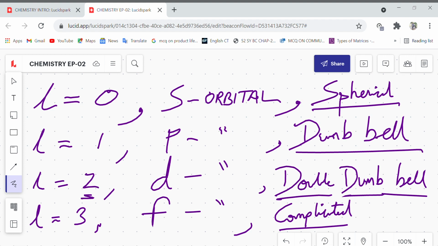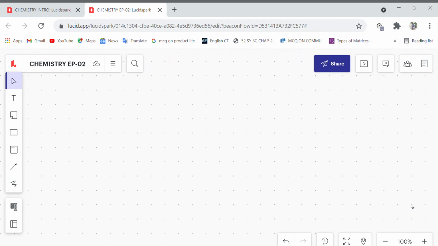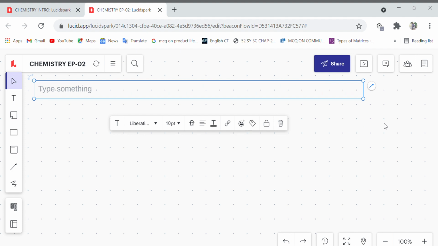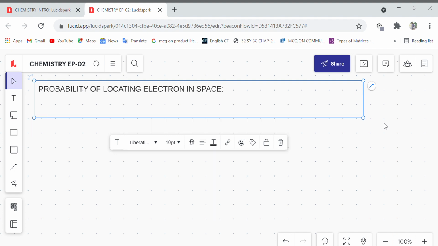Okay. Then let's move on to the next part, which I have to write with the help of text. That is the probability of locating an electron in space. But actually, what is our motive?